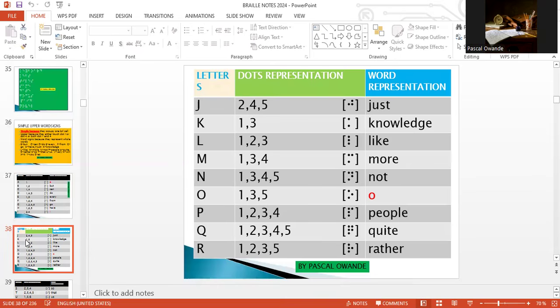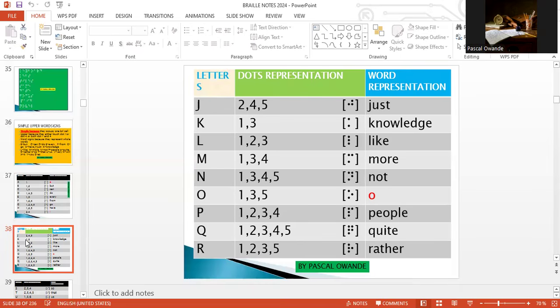We have letter M, dot 1, dot 3, and dot 4. Word more. Then we have letter N, dot 1, dot 3, and dot 4, 5. The word representation here is not. Then we have letter O, which is dot 1, dot 3, and dot 5.